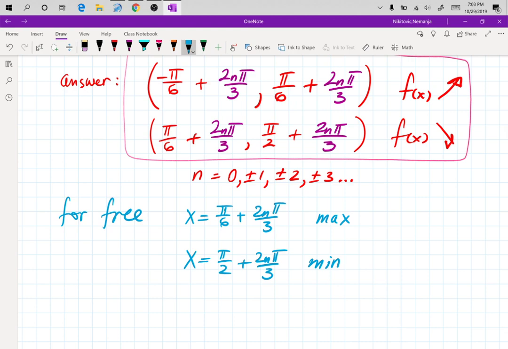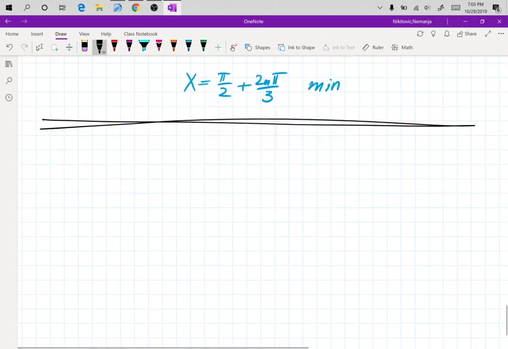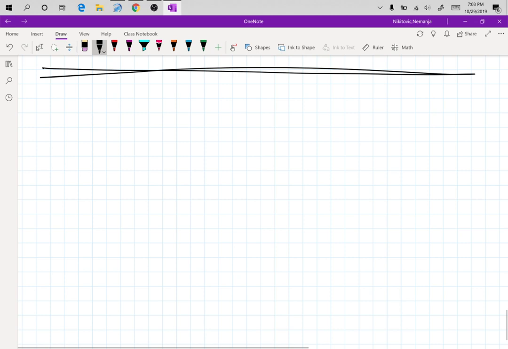So something nice. Here we go. f of x equals square root of x times ln x.